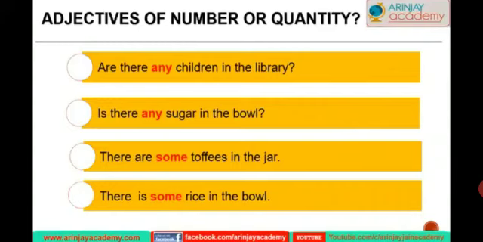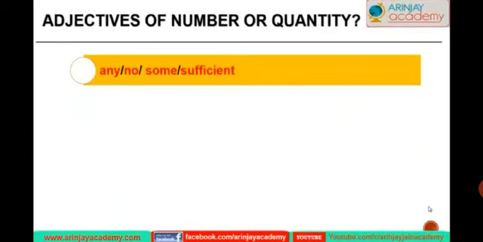Now here you can see we can count children, but we cannot count sugar. We can count toffees, but we cannot count rice. So, some adjectives of quantity are used with countable as well as uncountable nouns. Here any and some are used as adjectives of quantity.